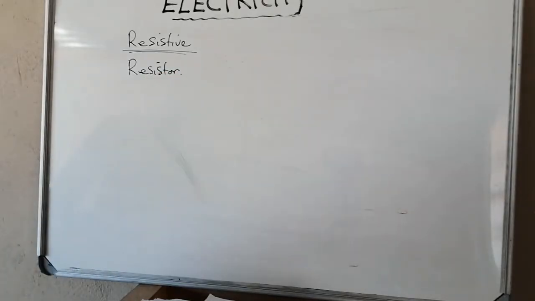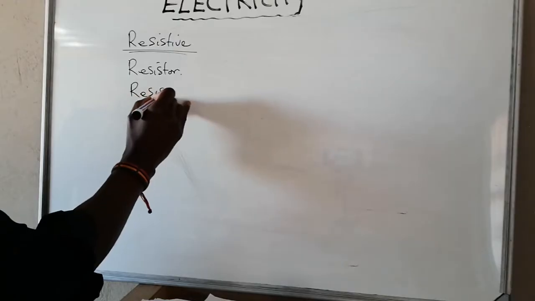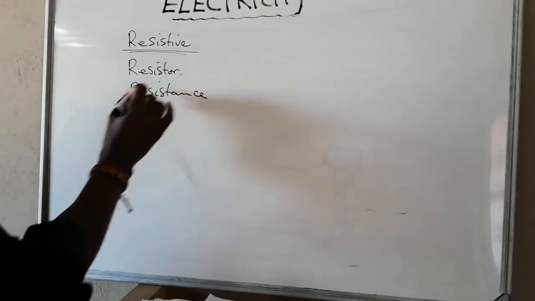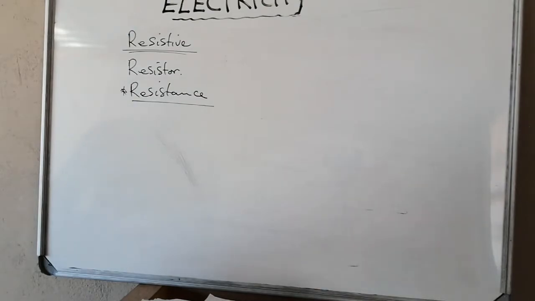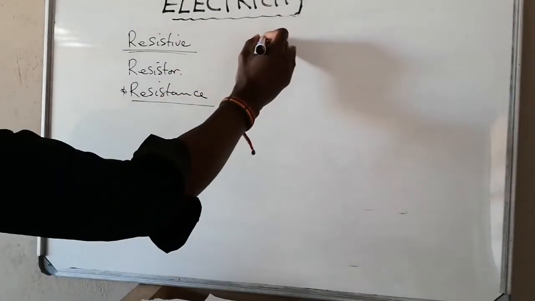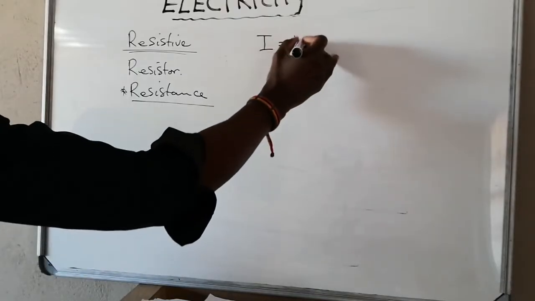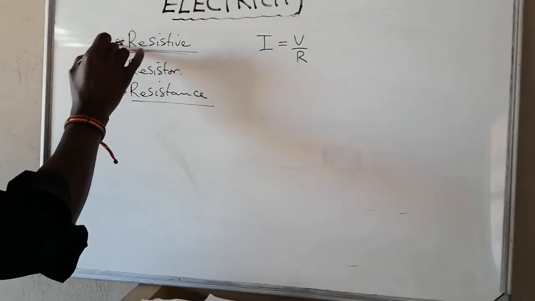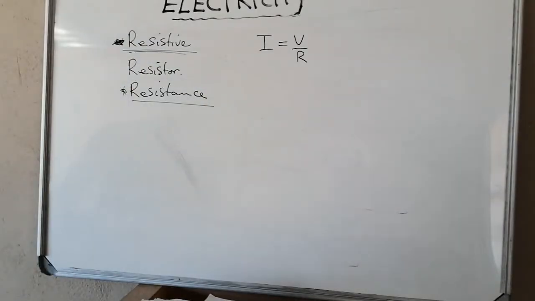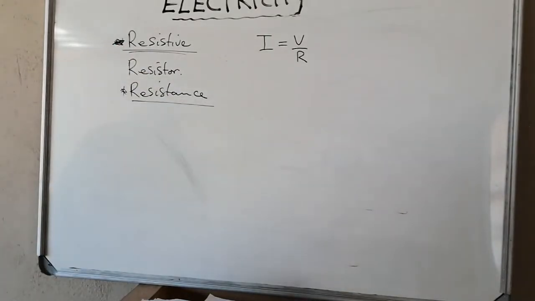And we remember that a resistor offers what is called resistance, and resistance is related to Ohm's law. So we will always go back to our Ohm's law. Every component that we might use is resistive in its nature. We find their resistance, then we apply Ohm's law.